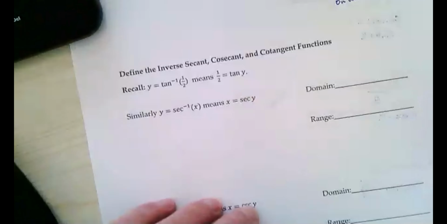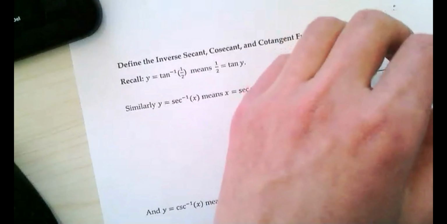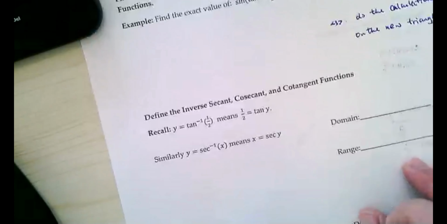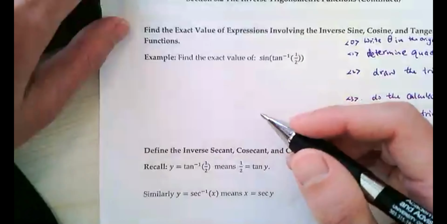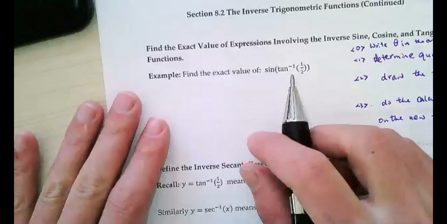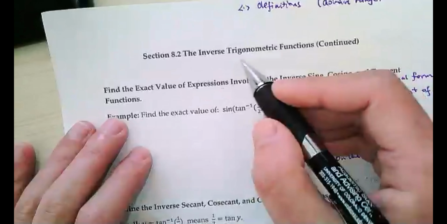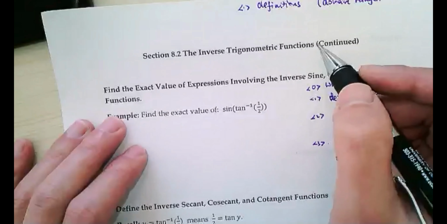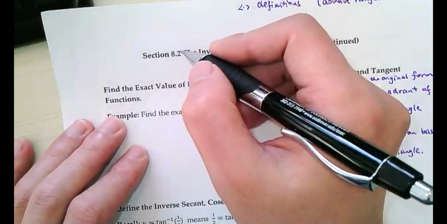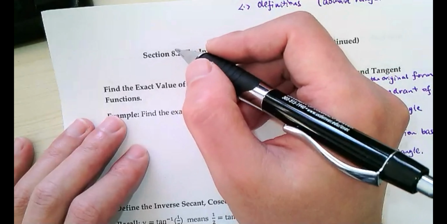Now we are on the document camera. For this section, we are learning the inverse trigonometric functions, continued. In section 8.1, we learned the inverse sine, inverse cosine, inverse tangent, right?